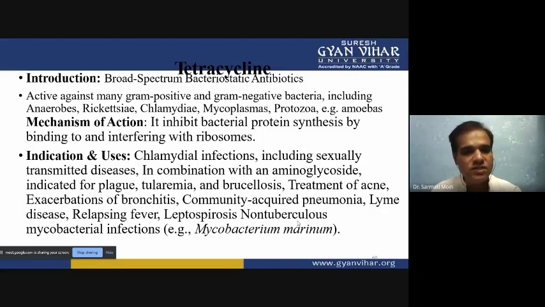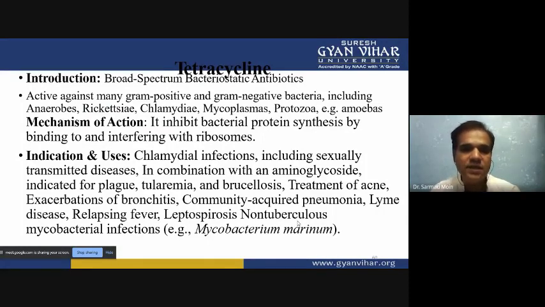Now uses and indications. Chlamydial infection, including sexually transmitted disease, and in combination with aminoglycosides it is indicated for plague and tularemia. All these diseases are sensitive to tetracycline, and we are still using tetracycline as an effective antibiotic.